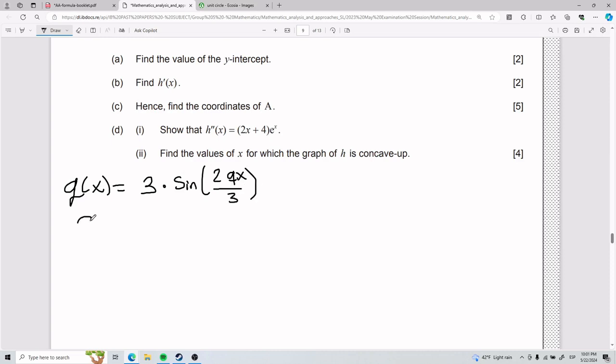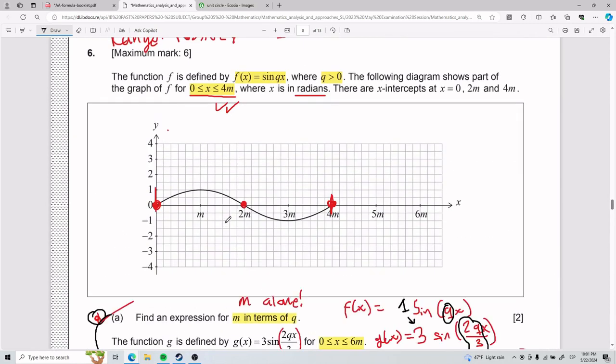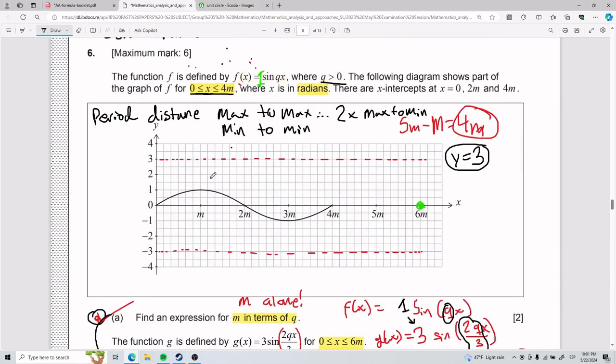And so the moment you plug in 3 for g of x, you're plugging in the y equals 3 I mentioned earlier. You're asking your function, when y is 3, what is x? The moment you find your x value is the moment we can plug in the maximum point with a more accurate description. So that is what we're trying to do: find the exact x and y coordinates of your maximum.